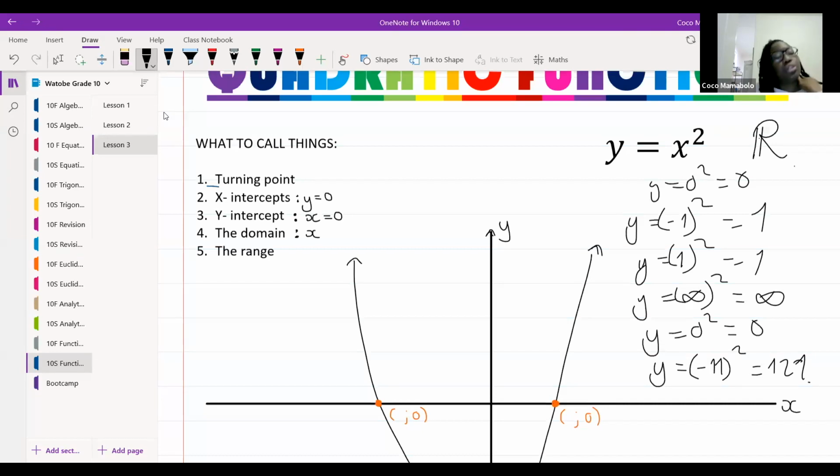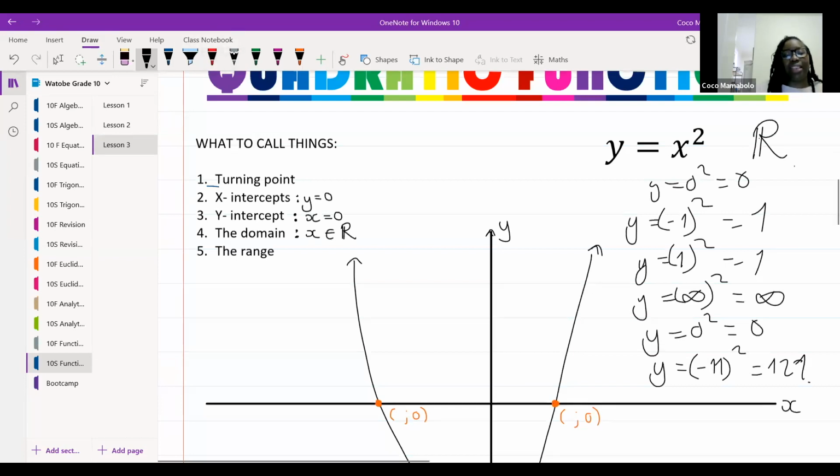So for our domain, guys, we can say that x can be any number. X is any number that is a real number.